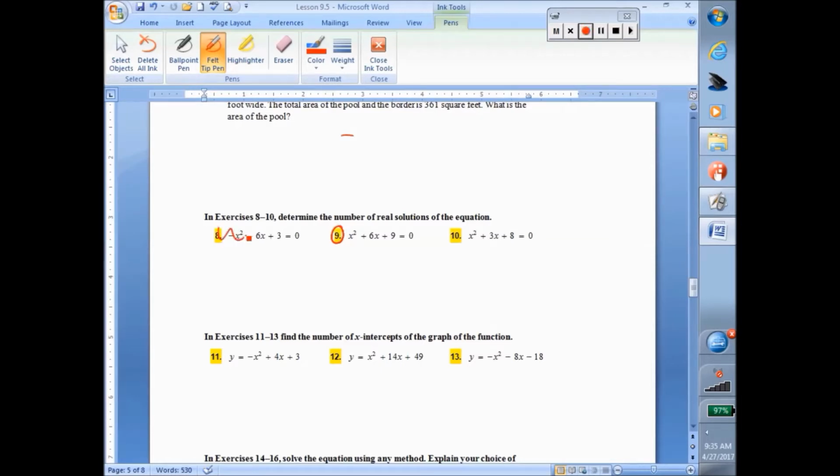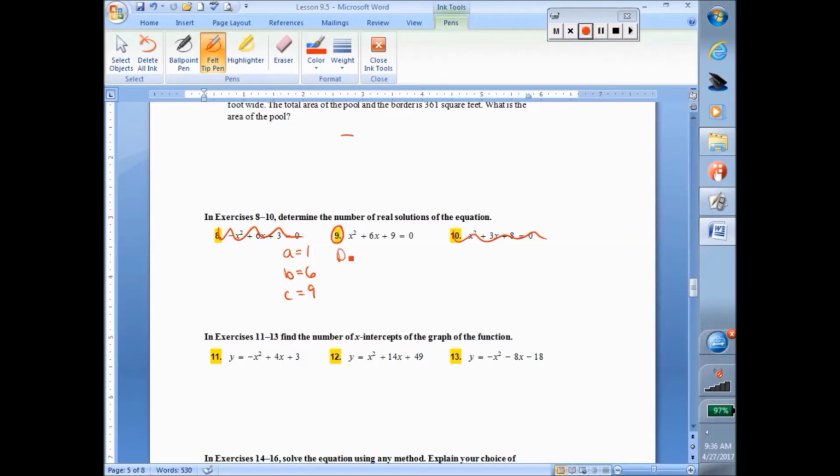We're not going to do 8 or 10, so if you want to use that space for 9 as well, you can. My equation this time, I do have standard form, x squared, my x, and then my constant, and it equals 0. My a is 1, my b is 6, my c is 9.